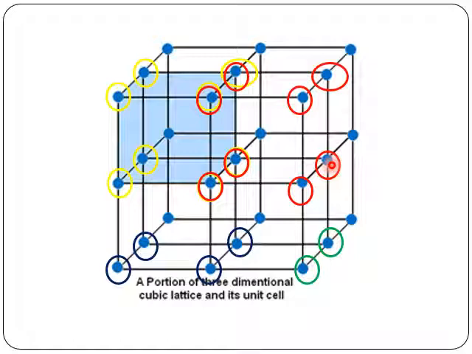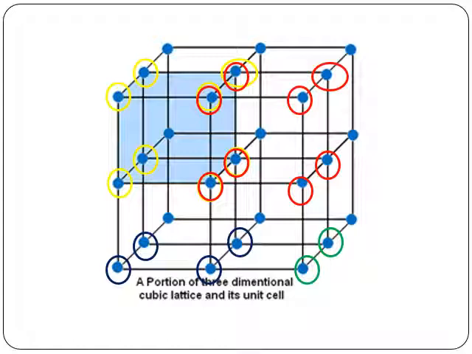Now you might have understood that a space lattice is a three-dimensional array of atoms, and a unit cell is a basic structure in the space lattice which makes the space lattice. It is something like building a home. Each brick is a unit cell, and your whole home is a space lattice.